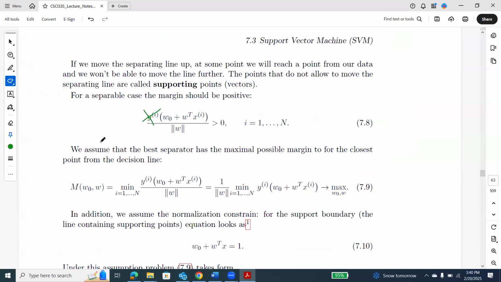You remember we proved it with the dot product over the weights. Now I'm using notation W0 for the intercept and W for all other coefficients, whereas earlier we used notation W without 0. So this is the formula for distance.